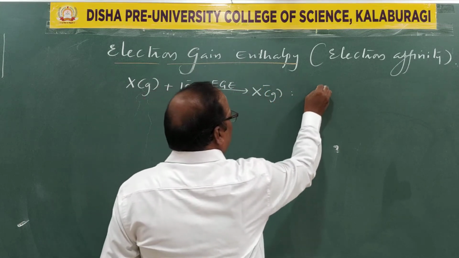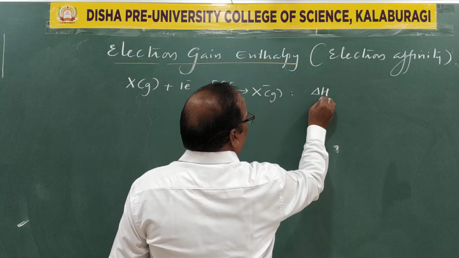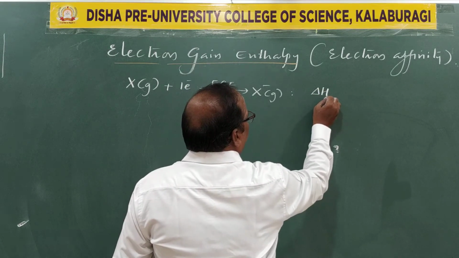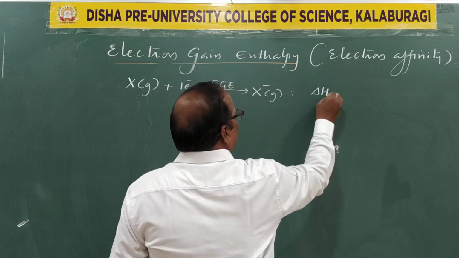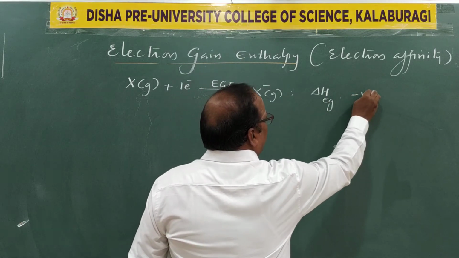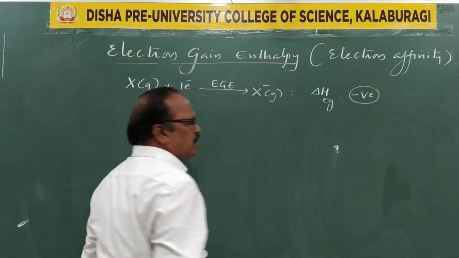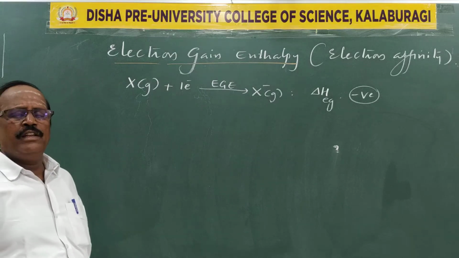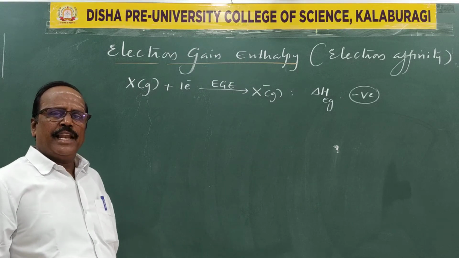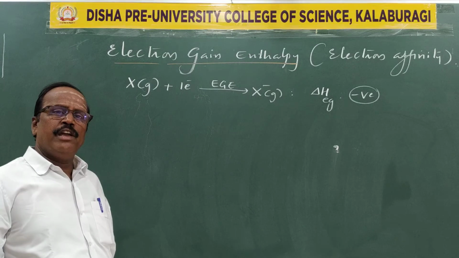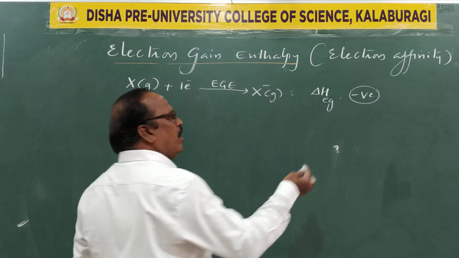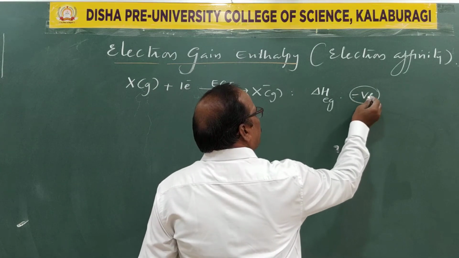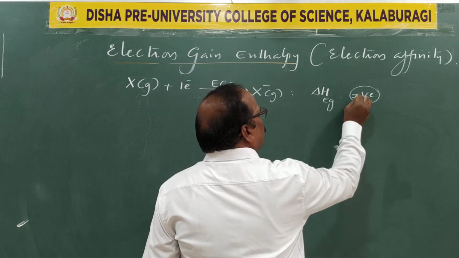The energy is written as electron gain enthalpy, ΔegH. This first one is negative. I mean, from the CET point of view, electron gain enthalpy may be negative or positive.